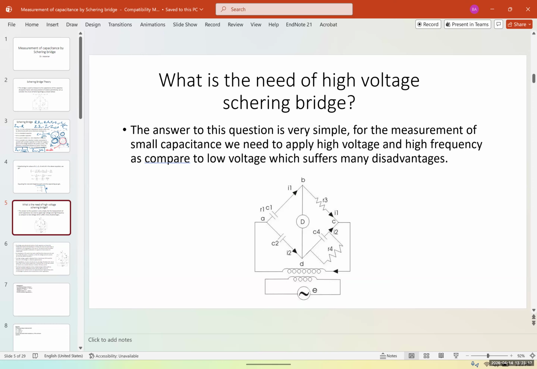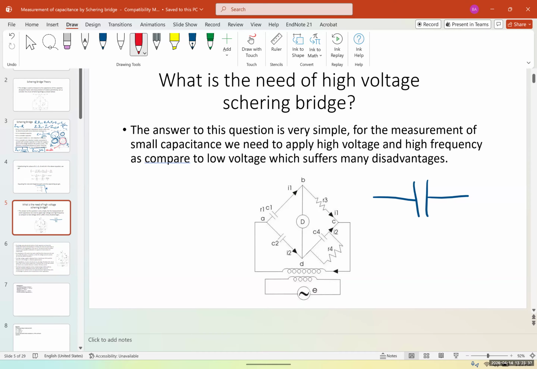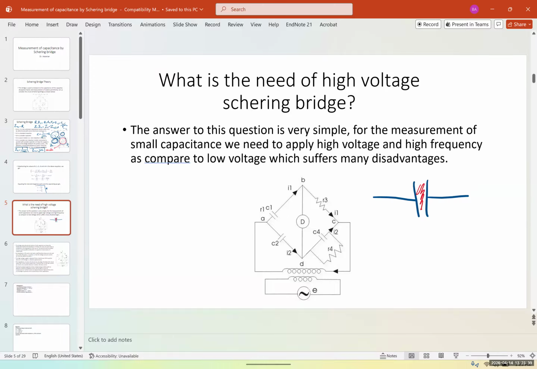C4, if you want to find a variable capacitor, again, they are very difficult to build. Why? The reason is if you want to build a variable capacitor, as you know, the capacitor has two conductive plates. And what do we have in between? We have an insulator, okay?